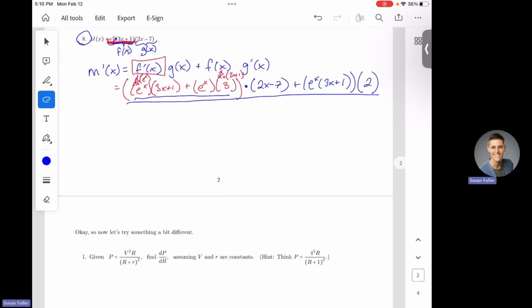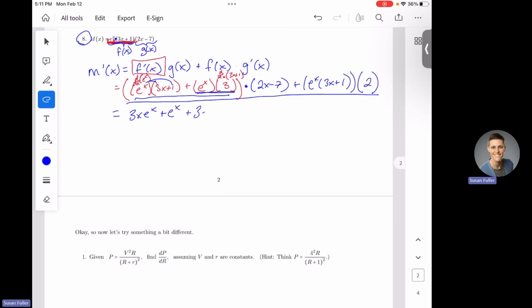Okay, so we have all of this, and now we just need to do some simplifying to make this look a little prettier. So I'm going to go ahead and distribute this e to the x. So over here, I'm going to get 3x e to the x plus e to the x. And then I will add these two.